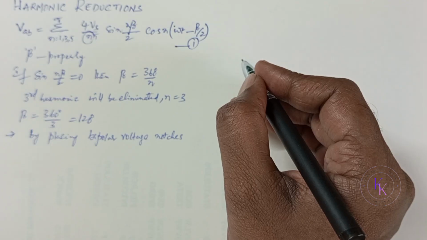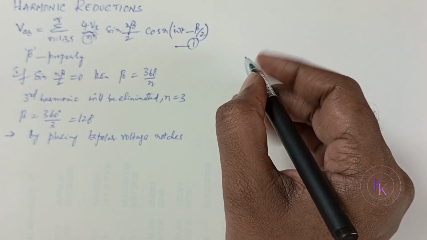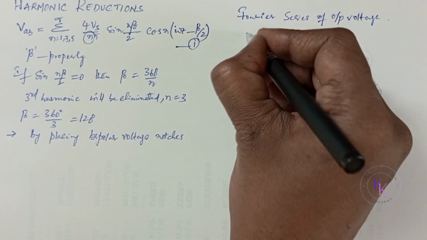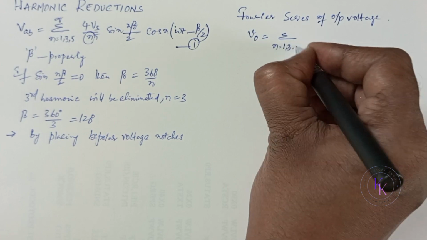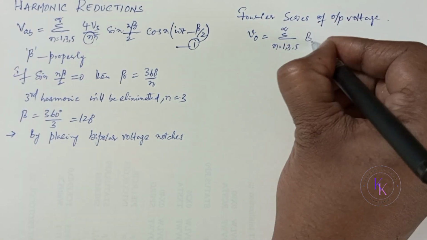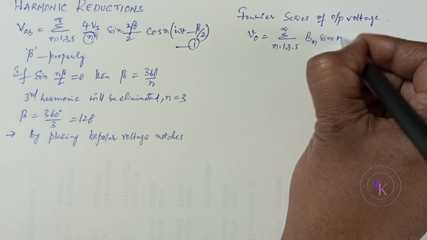Then the Fourier series of the output voltage can be expressed as V naught equals sigma n equals 1, 3, 5 to infinity Bn sine n omega t.